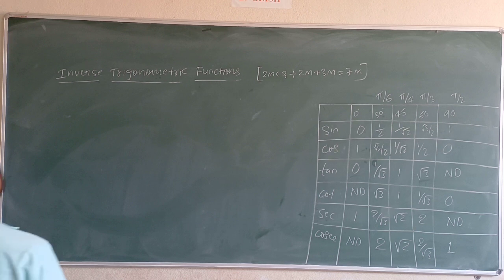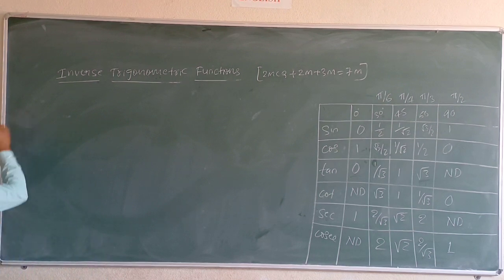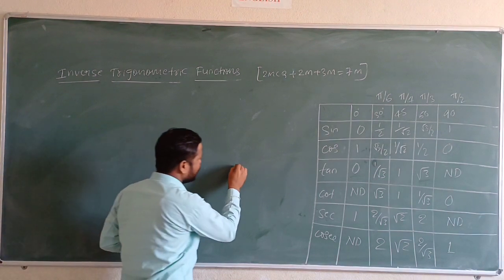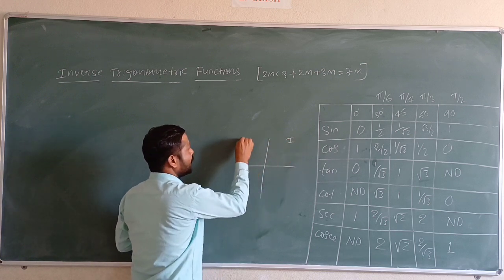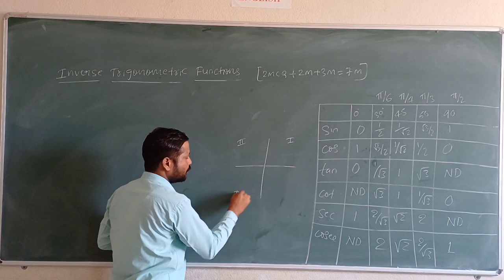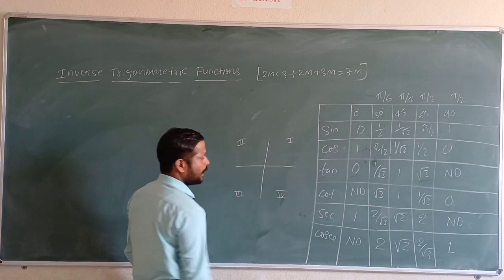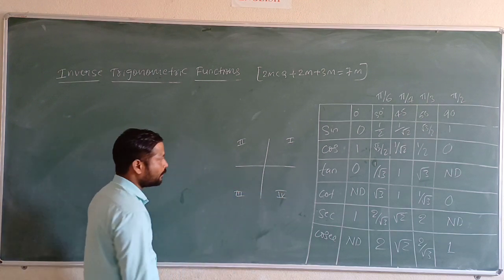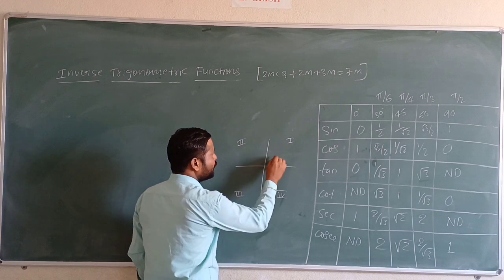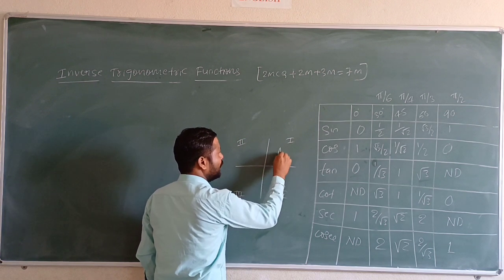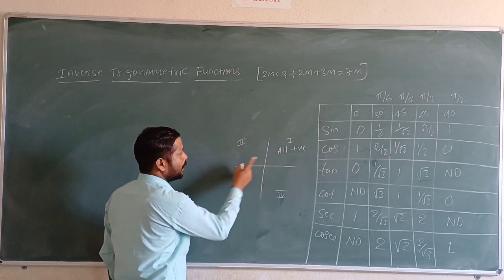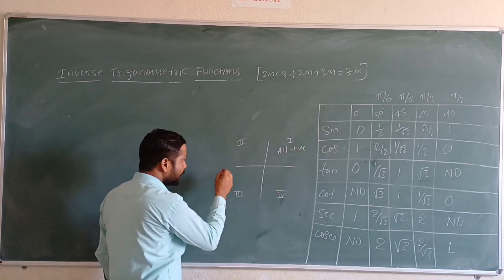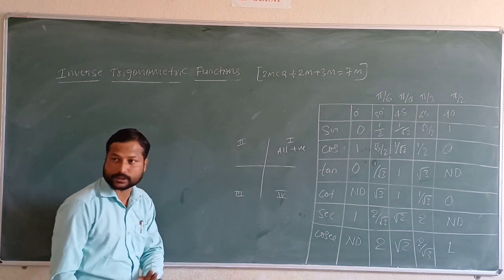Take up negative angles now. Before that, draw the diagram here. It is the first quadrant, second quadrant, third quadrant, and fourth quadrant. We know that in the first quadrant all are positive. In the second quadrant, which two functions are positive?